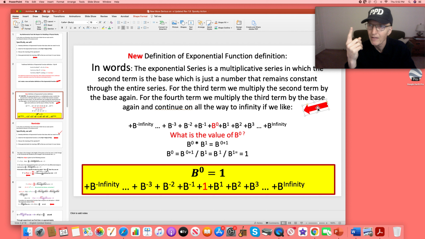But notice I left out the first term, which is b to the 0, because having defined the series from b to the 1, b to the 2, b to the 3, we have more than enough to derive what b to the 0 has to be, okay?